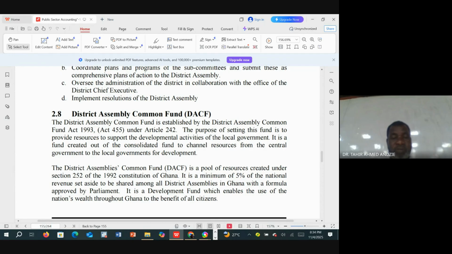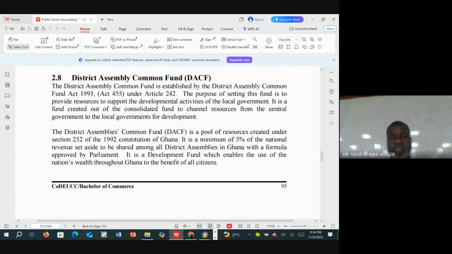The District Assembly Common Fund is a pool of resources created under Section 252 of the 1992 Constitution of Ghana. It is a minimum of 5% of the national revenue set aside to be shared among district assemblies in Ghana with a formula approved by Parliament.